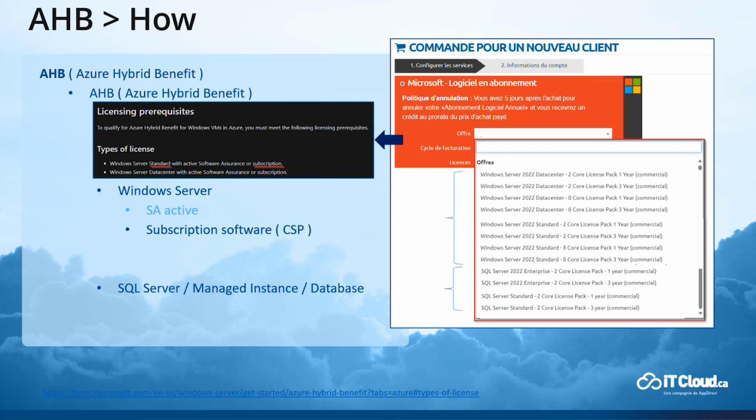If I take another angle, the operating system and the application need to be covered by those types of license. What does that mean? Windows, RDS, RMS, SQL, and Office as well. If you want to deploy the Office suite under Azure, you must have an Office 365 license.